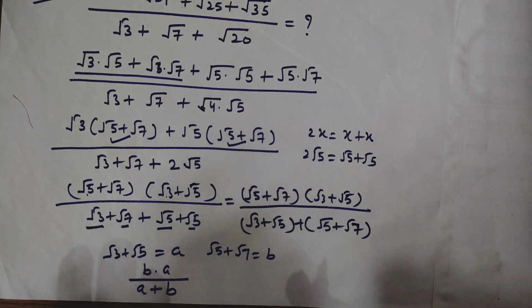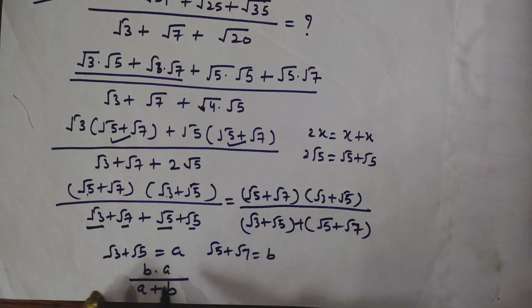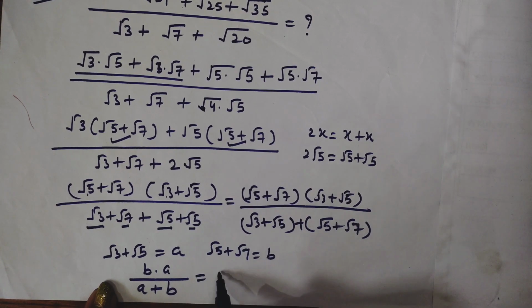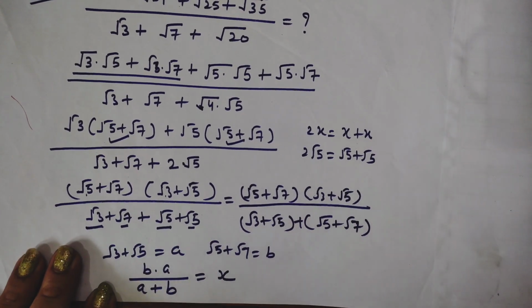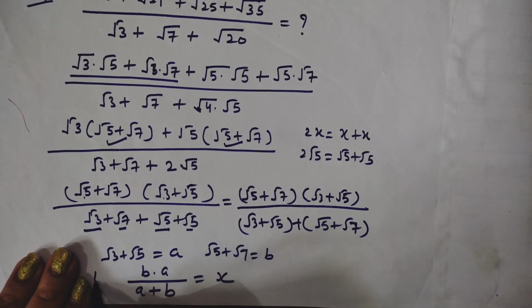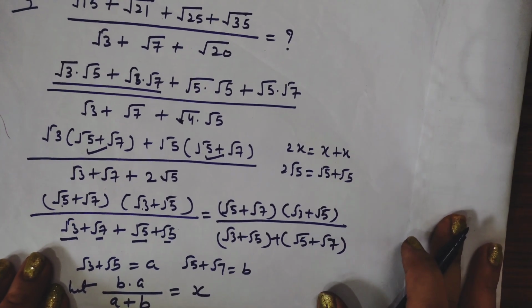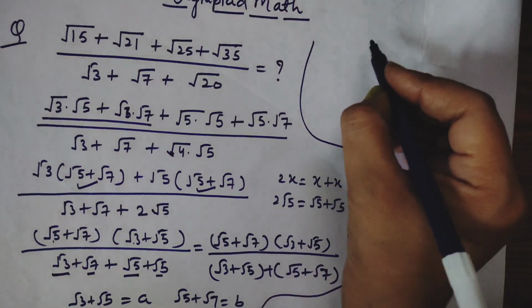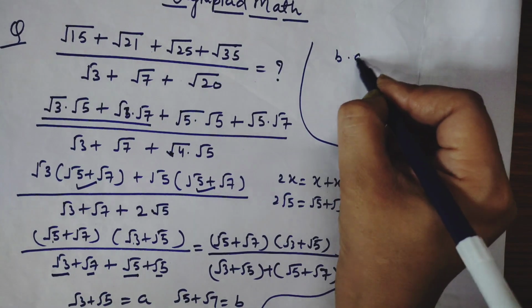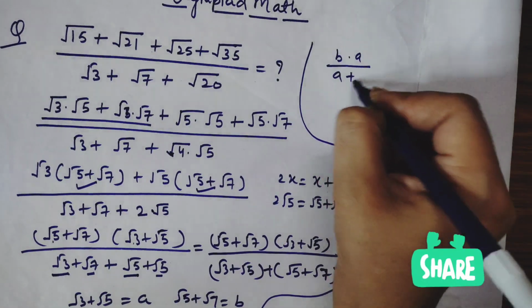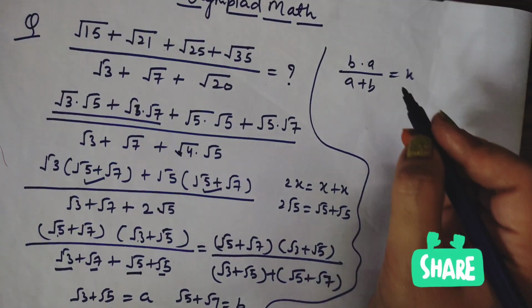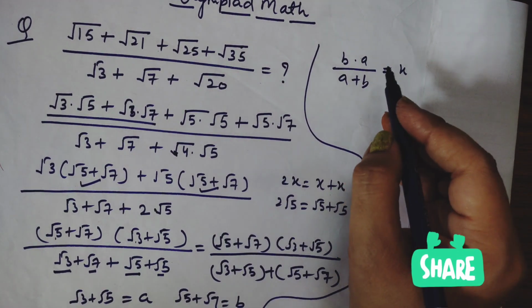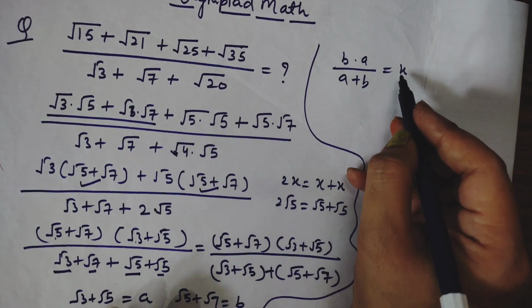After assuming these terms, we will assume this b into a upon a plus b is some variable x. Let us assume this is x. So b into a upon a plus b equals x. Then we will take the reciprocal of this x.